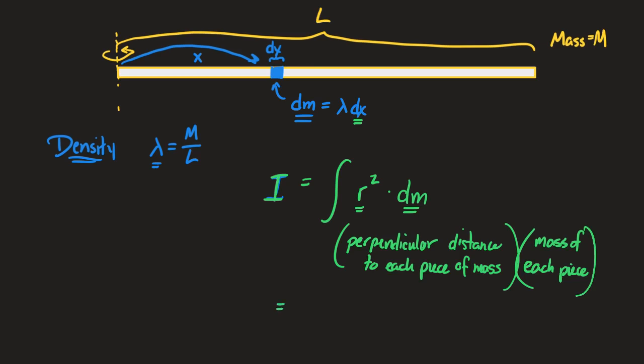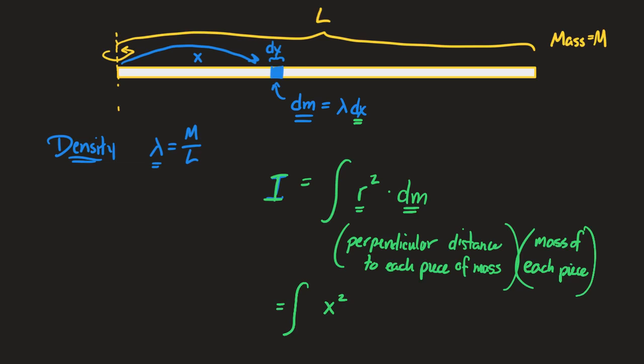If you look at what I have here, my integral isn't going to use r, I'm going to use x, because x is the perpendicular distance from the axis to where dm is. So I'll replace r with x squared. That's something we'll do a lot. We'll replace the r with some other placeholder that we're using for that distance.